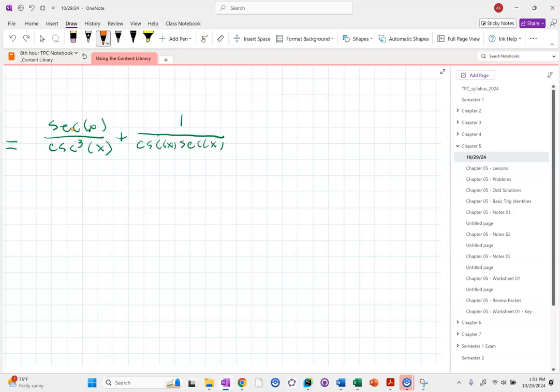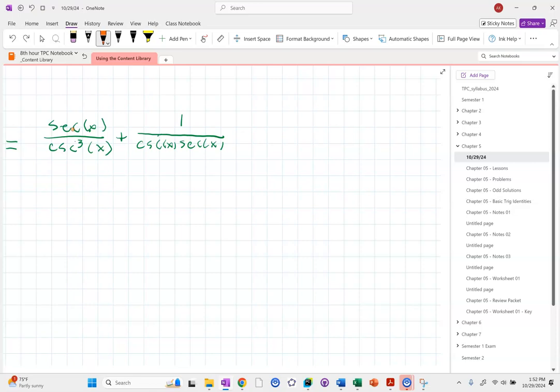Okay, what identity would you like to use? The quotient. Which quotient one?